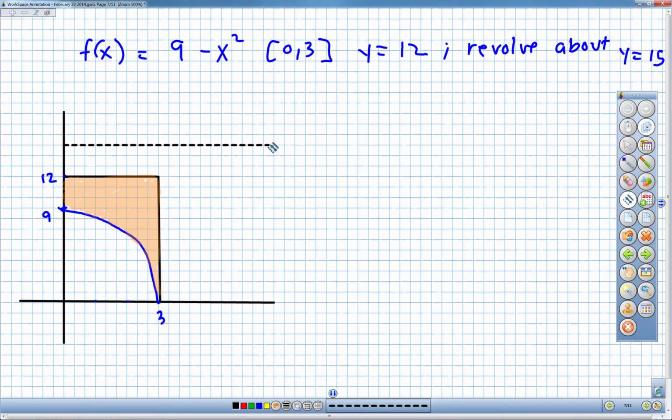And so this is what we're looking at here. And this is going to get a little complicated because our shape, I'll exaggerate the oval here a little bit.